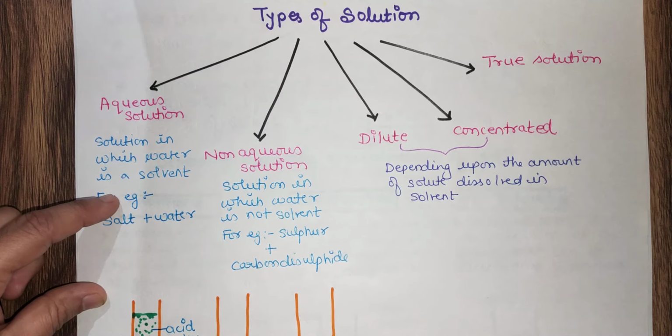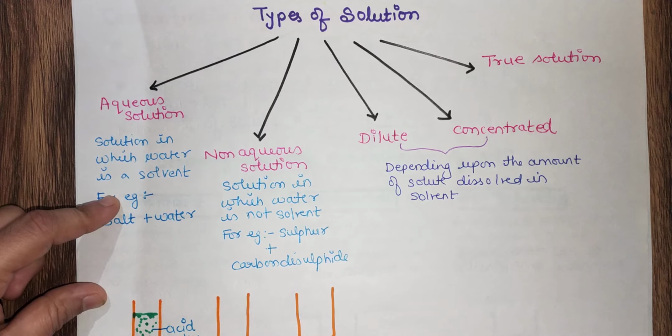Suppose if we take 10 ml of solution and in this 9 ml of acid is there and 1 ml of water is there, then this solution becomes concentrated.